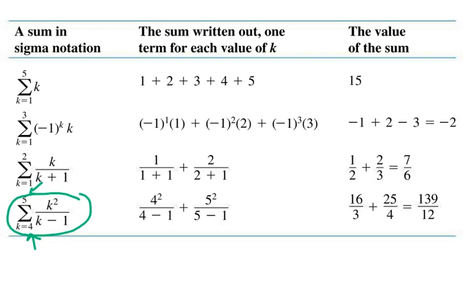Oftentimes they'll start at 0 or 1, but we can have the index start at any k or n value. So plugging in 4 and plugging in 5, evaluating, we get the sum of 139/12. So hopefully you have a better understanding now of what summation notation is.